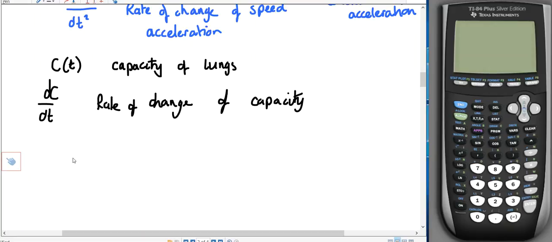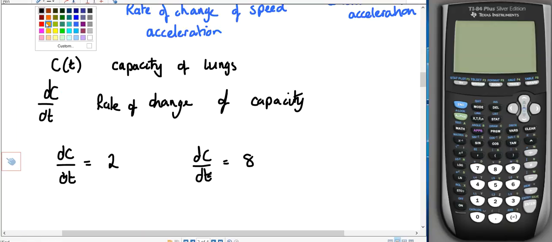So if I said dC/dt equals 2, or I said dC/dt equals 8, what are the units, do we think? So capacity would be measured in, well, maybe centimetres?